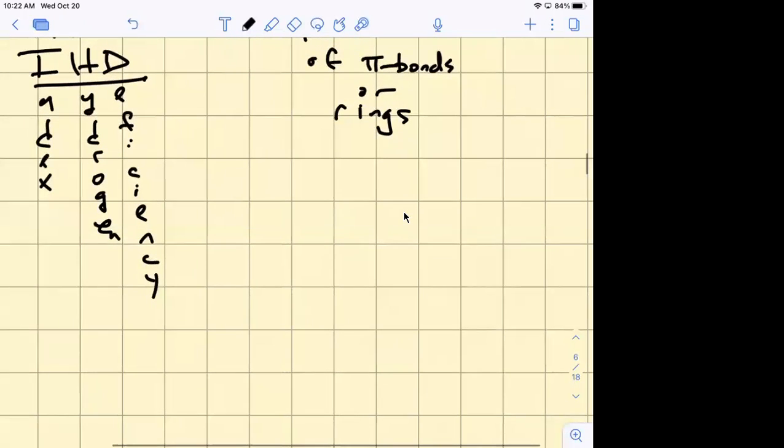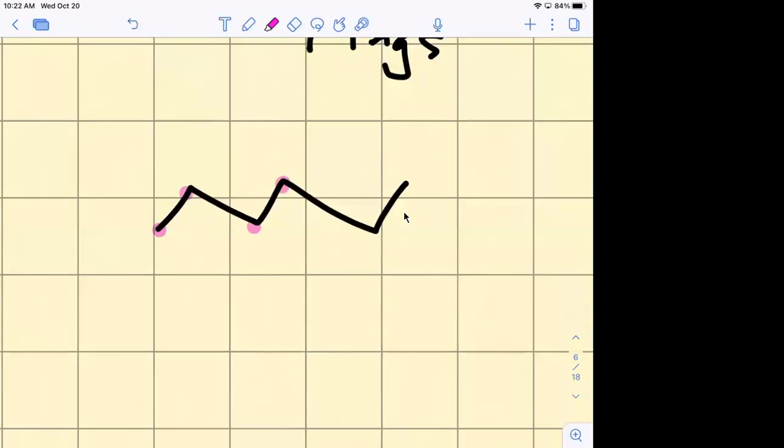So if I have a 6-carbon chain, let me show you.